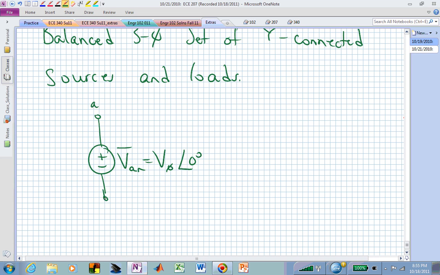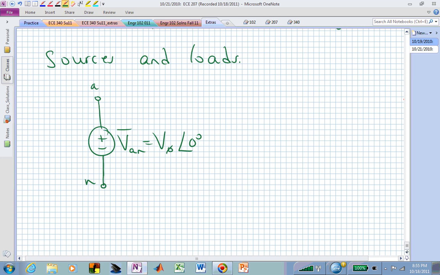So we already sketched this before. We should be comfortable with this picture. There's our neutral. We now have the B phase.